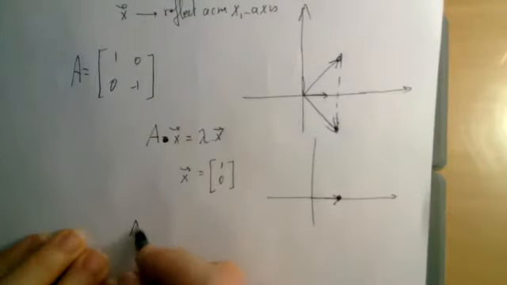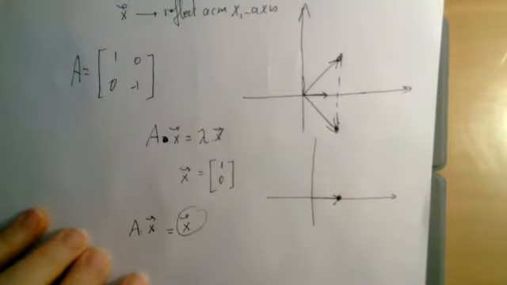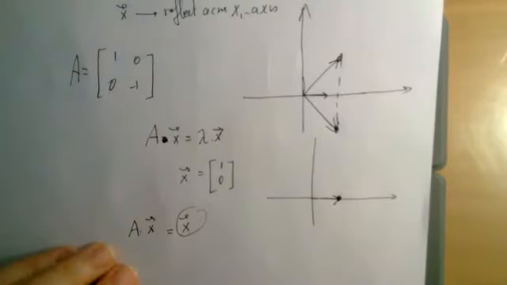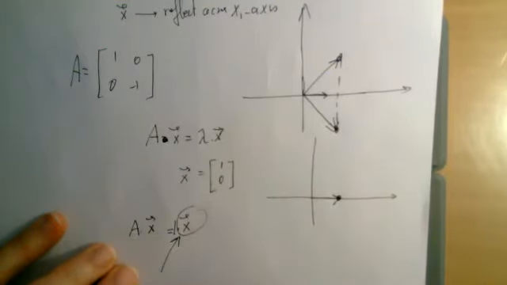It means if I take the matrix A times the vector x, geometrically it is actually going to give me the vector x. This is really an eigenvector for this matrix, and the eigenvalue is the stretching itself. The eigenvalue is the number 1.